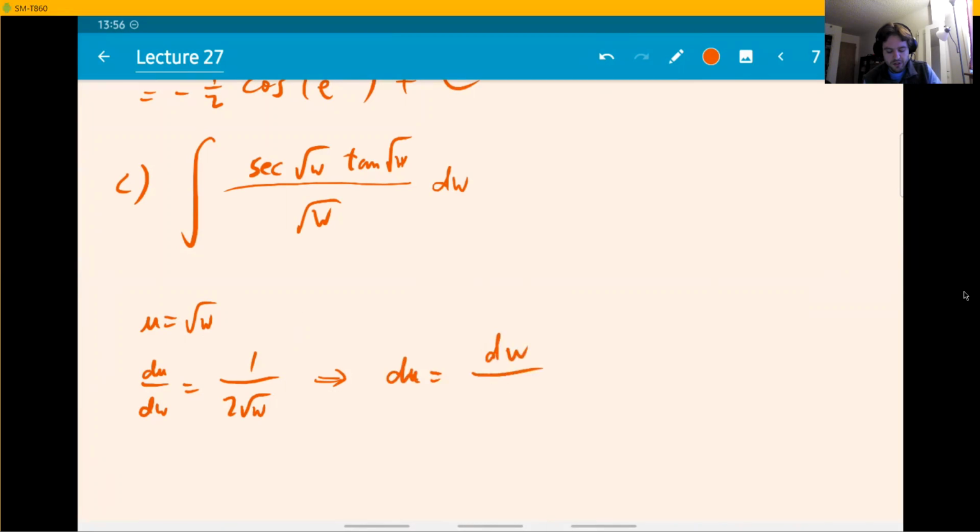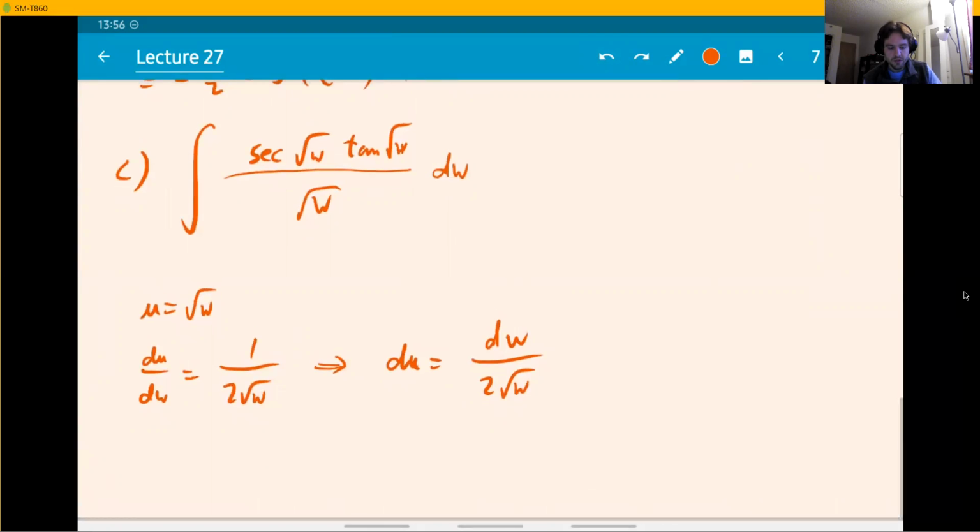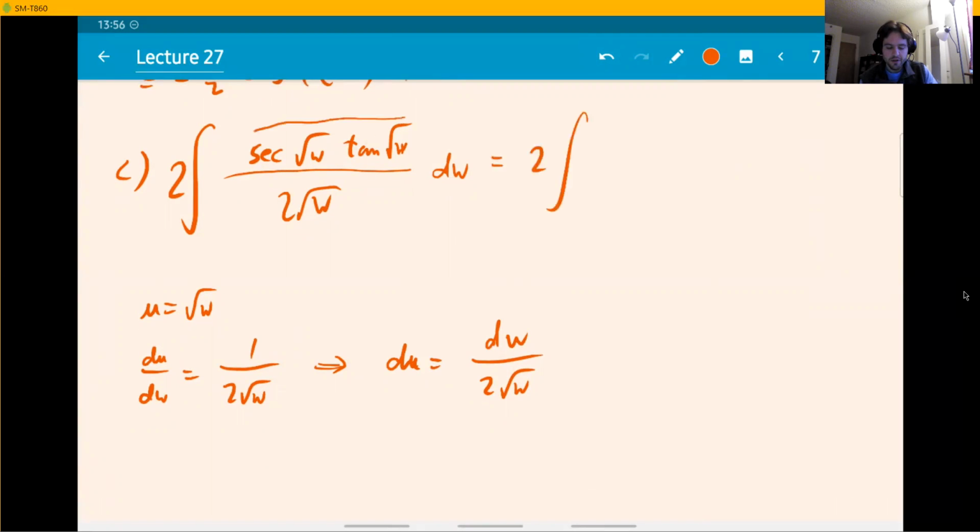du is equal to dw over 2 root w. We have dw over root w in the integral. So we're going to make this over 2 appear by also introducing a 2 in front. So with a 2 here and an over 2 here, which doesn't change the integral, this whole thing becomes, up here, secant of u, tangent of u.